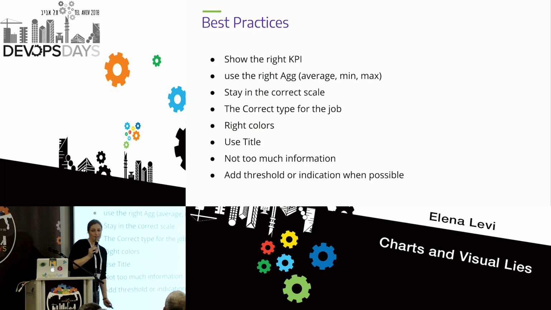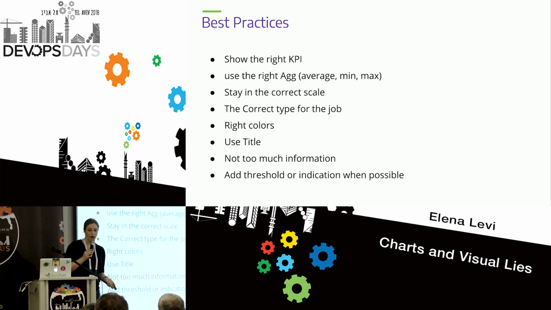So some best practices about making charts. Show the KPI. Explain to people what you're trying to achieve with this information, what you want them to understand. Use the right aggregation. Do you really want to show the average, the minimum, the maximum, the percentage, or not?